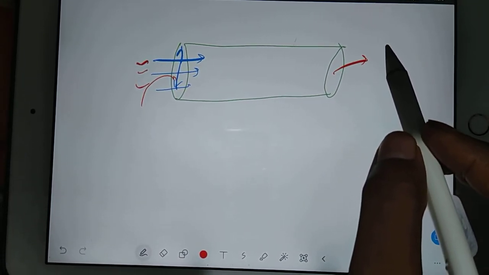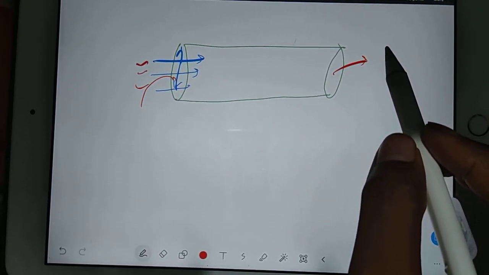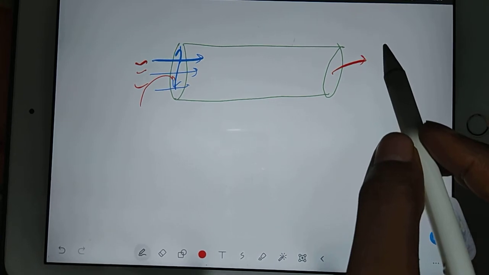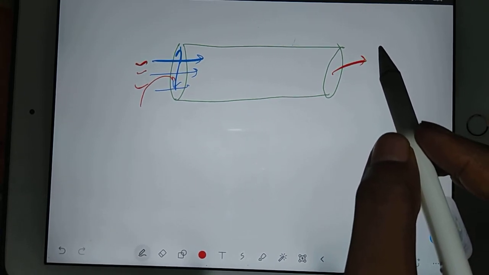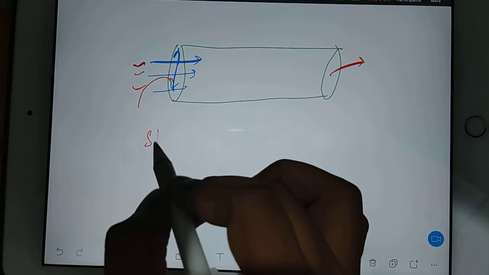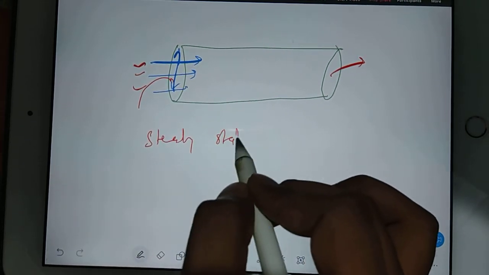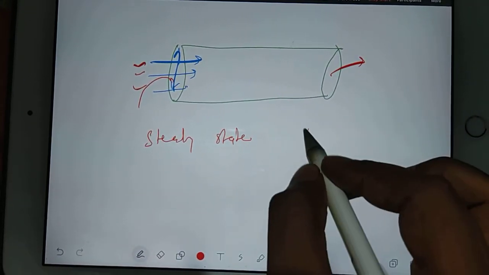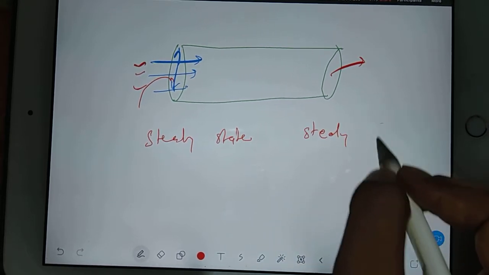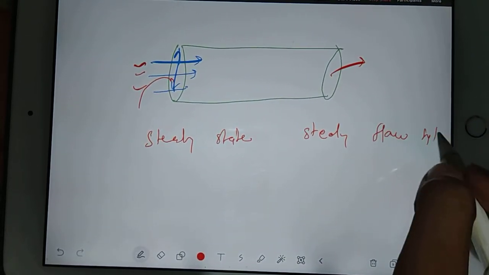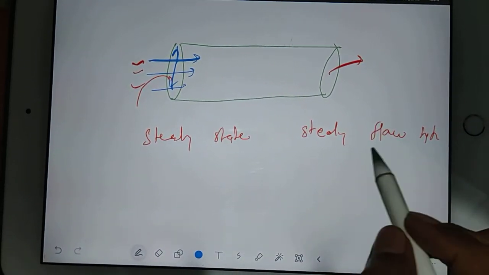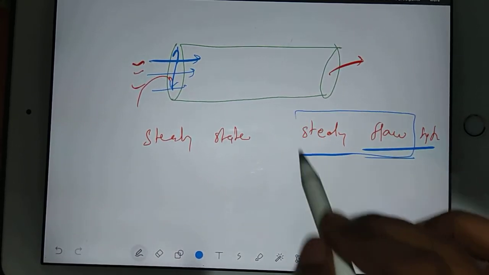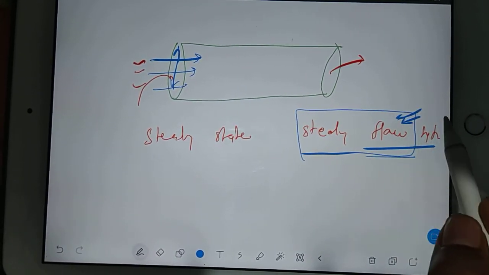So here you have a type of open system. Right now we are discussing steady state, steady flow system. It means the system will allow only steady flow. It means flow itself will not change with time.